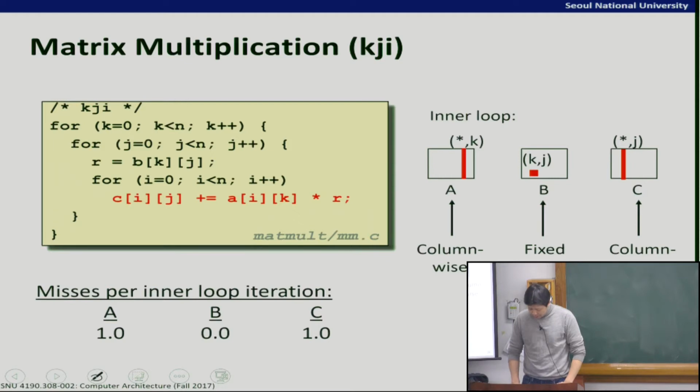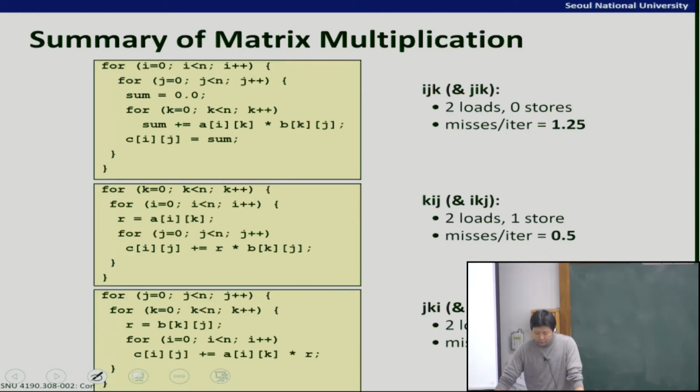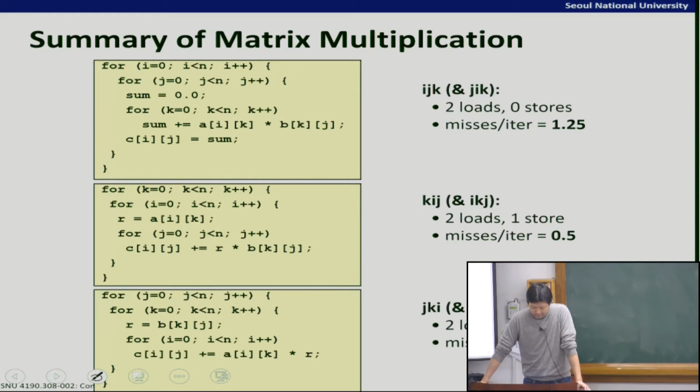Okay, so here's a summary of all six possible combinations for the loop interchange. If you have IJK or JKI, there will be 2 loads and 0 stores, and misses per iteration will be 1.25, because one does row-wise access and the other does column-wise access, so the average misses per iteration is 1.25.